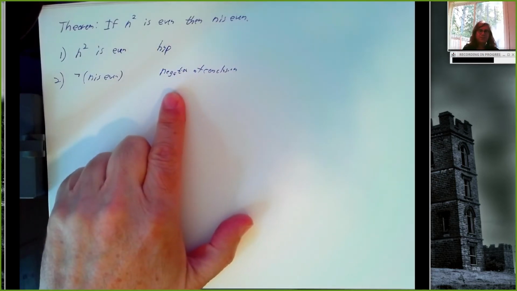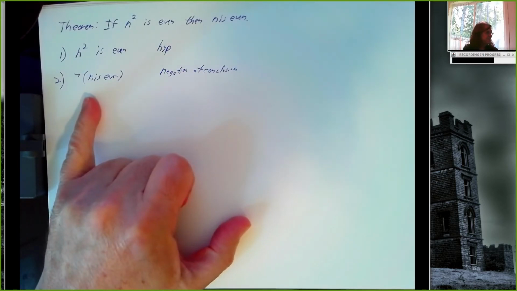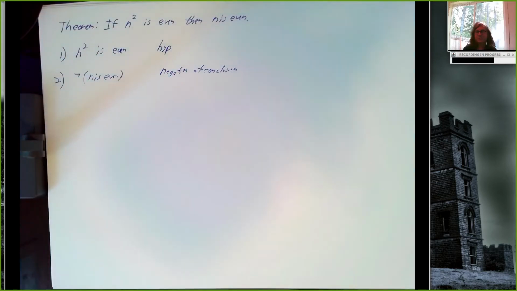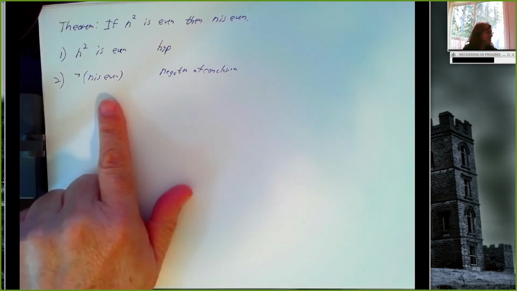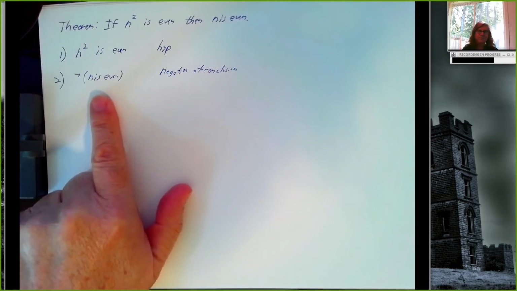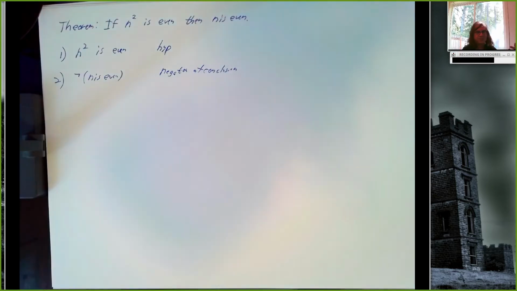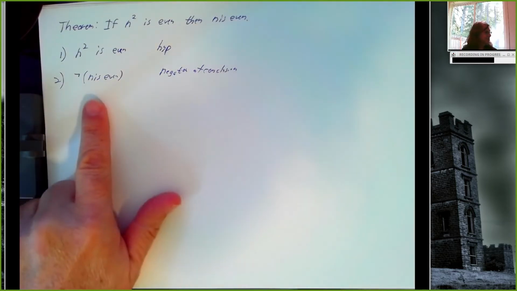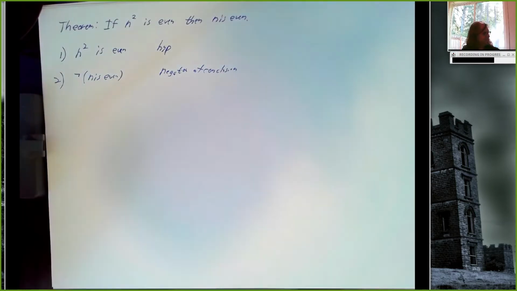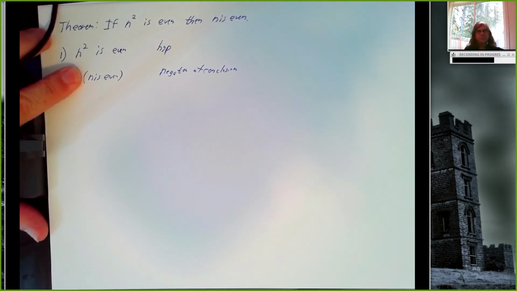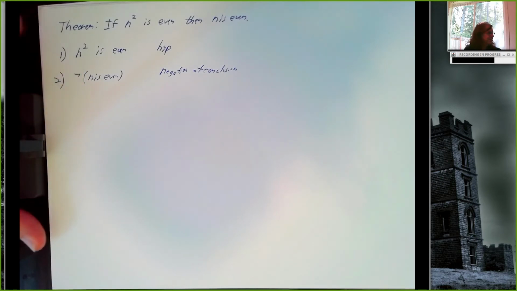I'm assuming n is not even. And if from there I can get to a contradiction, then I know that this proposition must be false. Because if it's true, I get to a contradiction. And proving that this is false is the same as proving that this is true. If this is false, then that's true. And that's what I'm trying to show. I'm trying to show n is even.